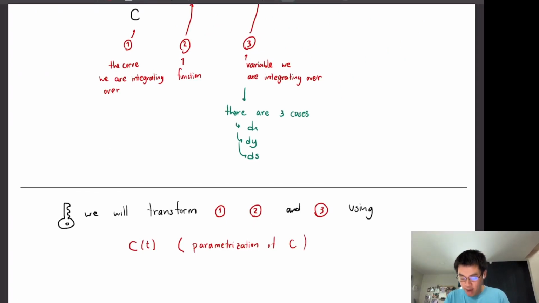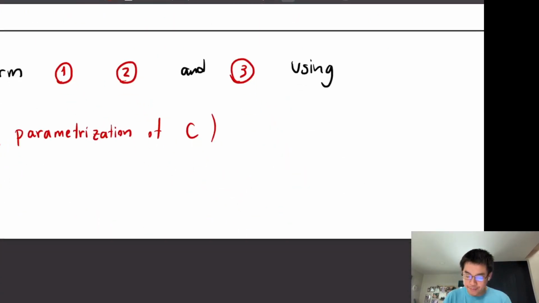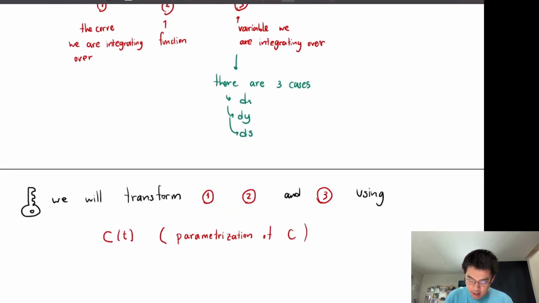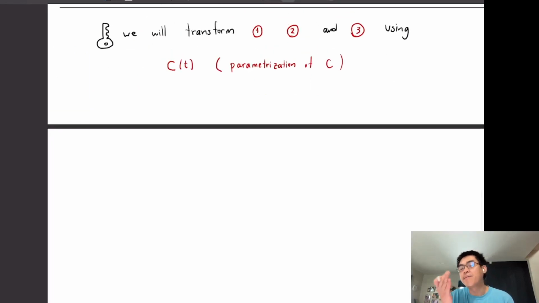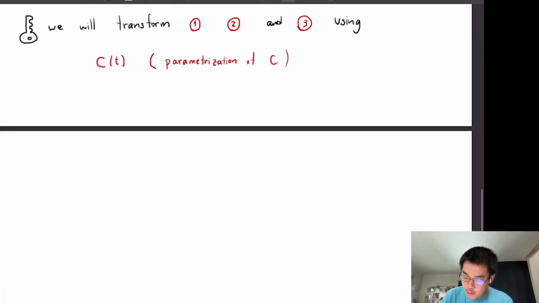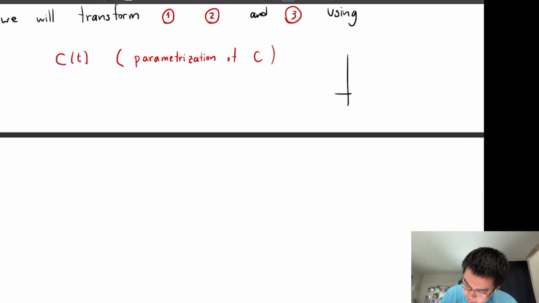So the thing is, C(t) will be some sort of function that you plug t into, and you get a value.